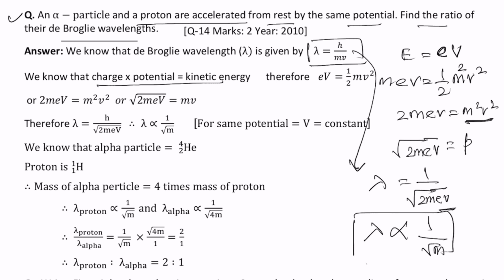Now let us compare the proton mass with the mass of alpha. We know that alpha is nothing but the helium nucleus, so its mass is 4 amu, and for the proton the mass is 1 amu.